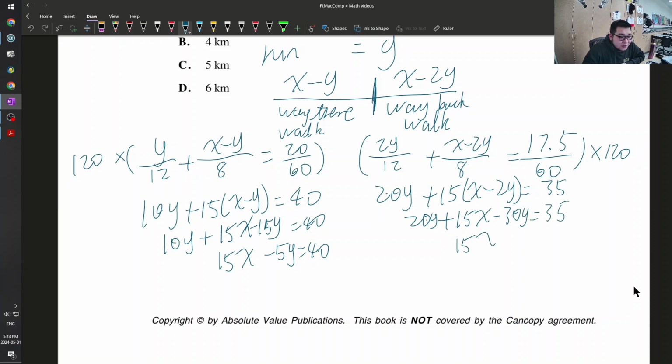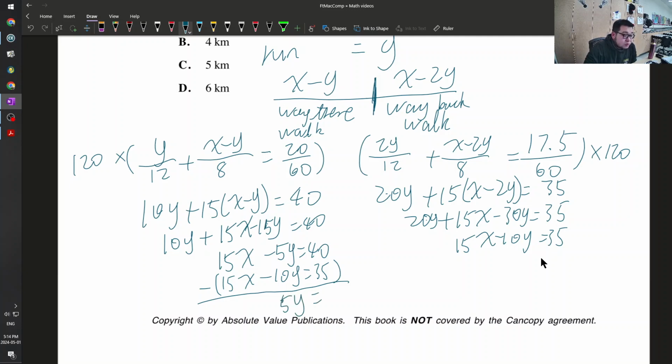So we get 15x minus 10y is equal to 35. We want to solve for x, so we need to get rid of y. Let's subtract these. We get 15 minus 15 is 0. Negative 5 plus 10y, it is equal to 5y.